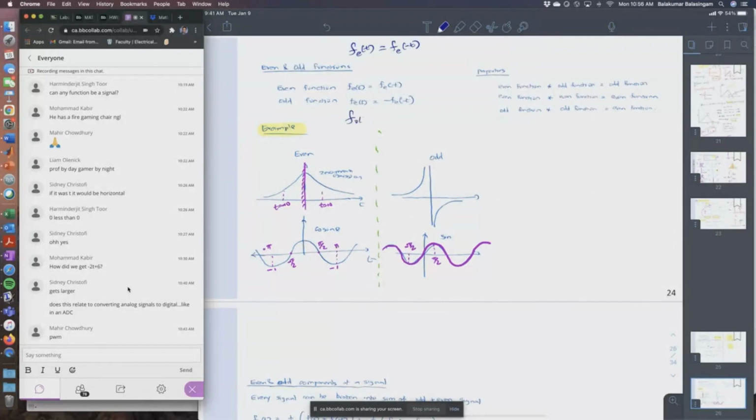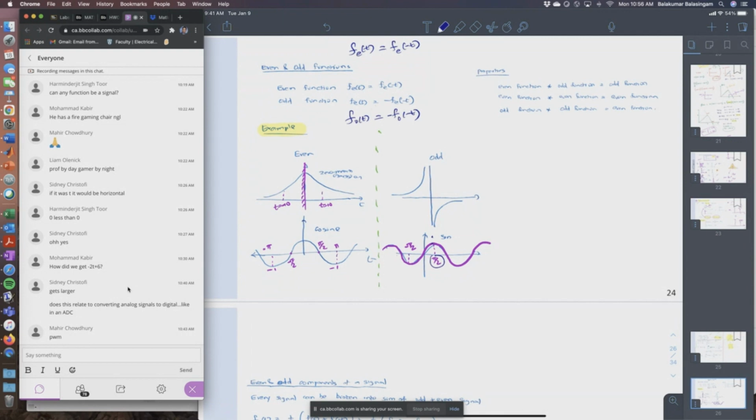And then the odd function f_o(t) is minus f_o(minus t). So when t becomes negative, the function has the same value, but negative. Look at sine first, for example. When sine of pi by 2 is 1, sine of negative pi by 2 is negative 1. Same value, only the sign is reversed.